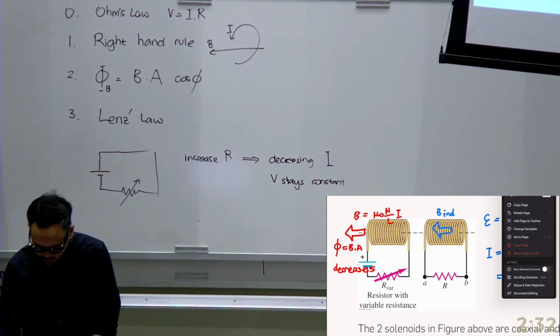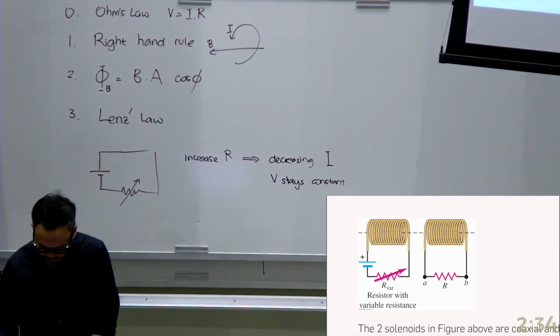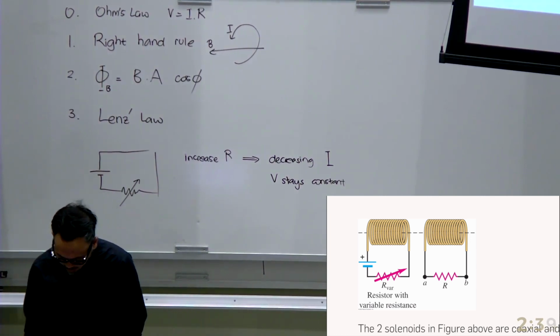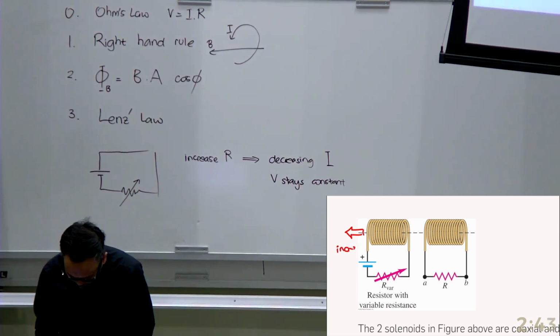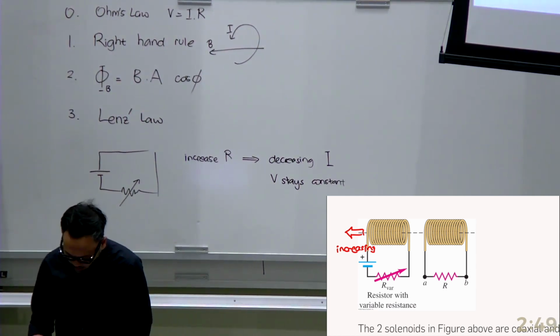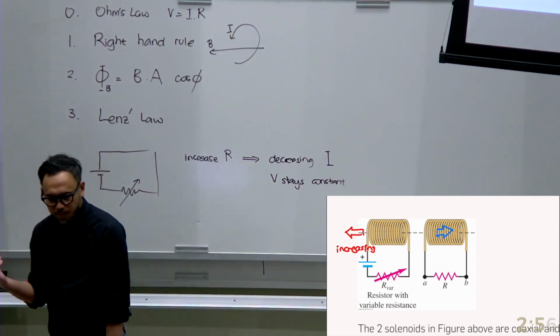How to do this? Clear page. Okay, so if it's decreasing, the flux still points the same way, but it's increasing, right? It's increasing. So what the other coil wants to do is minimize the change of the flux. So it will oppose the change.